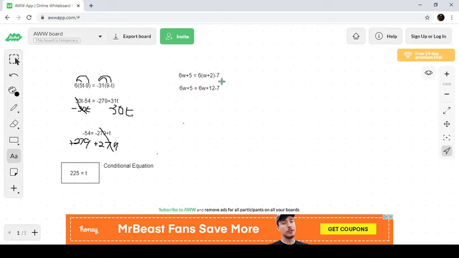Okay, so is there anything else that we can do to simplify this? Yeah, we've done our multiplication, there's no division, but we do have addition and subtraction, so we can combine these like terms right here, 12 and negative 7. So if we go ahead and combine those, this side will still be 6w plus 5, and the other side will be 6w, then let's see, 12 minus 7 equals 5.